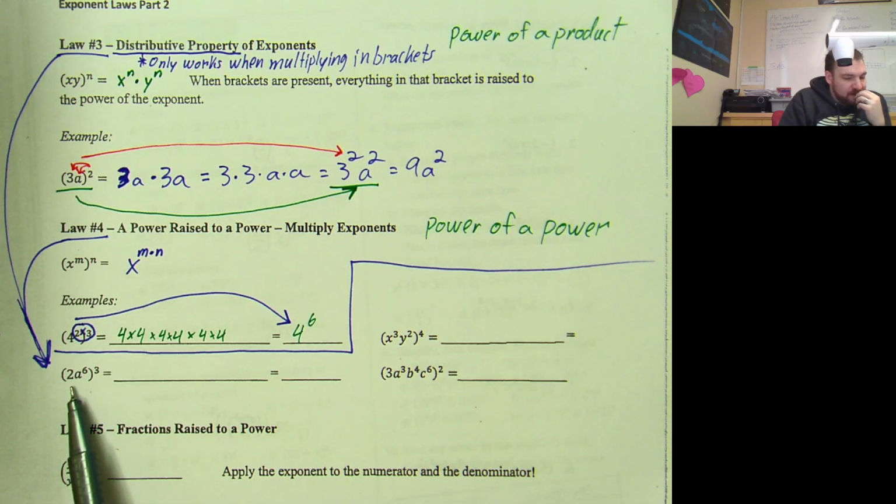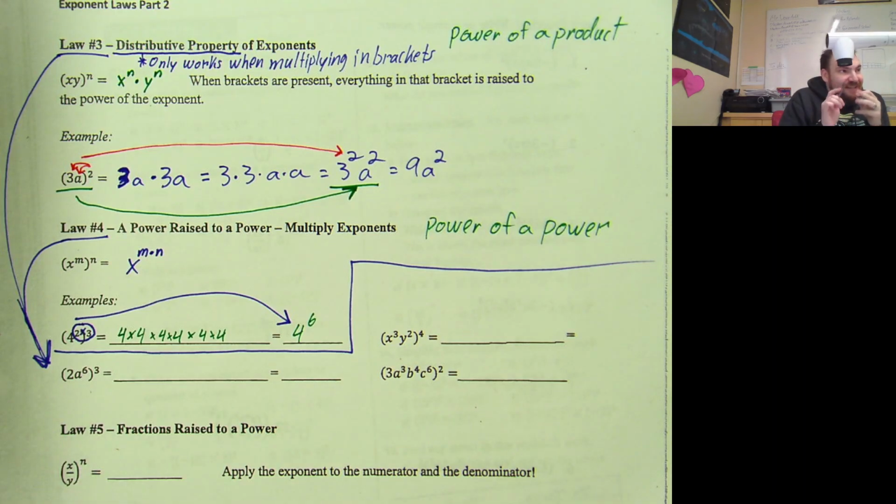Like 6 times 3, or is it, no, I don't know, hold on. You can go back, yes? 2a to the power of 6 times 3. Almost. I just had to make sure I was understanding what you were saying.